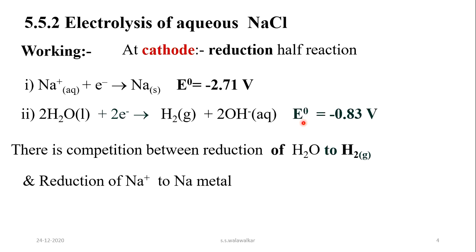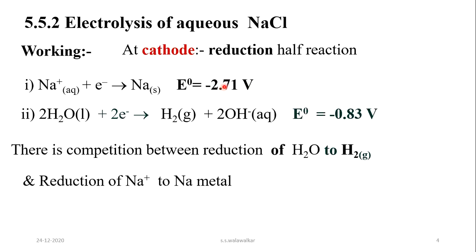Standard potential is represented as E0. As this is a reduction reaction, it is a standard reduction potential, and it is equal to minus 0.83 volt. When sodium ion accepts an electron and forms solid sodium, the standard reduction potential of this reaction is minus 2.71 volt.